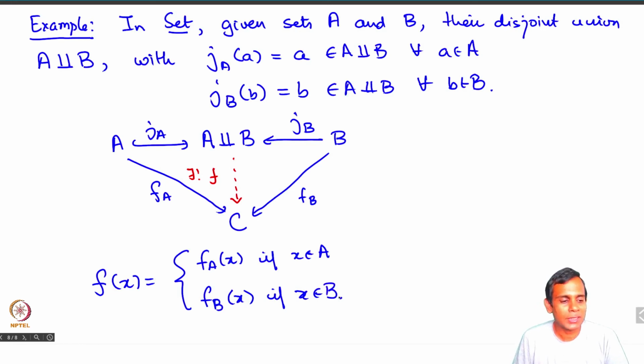So in the category of sets, the coproduct is just the disjoint union of two sets.